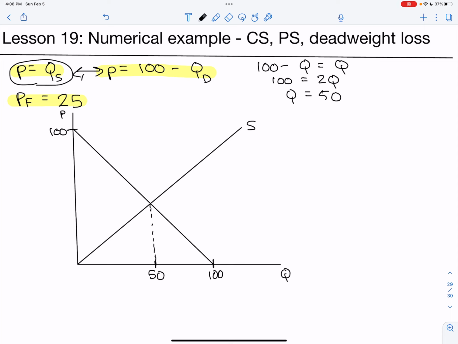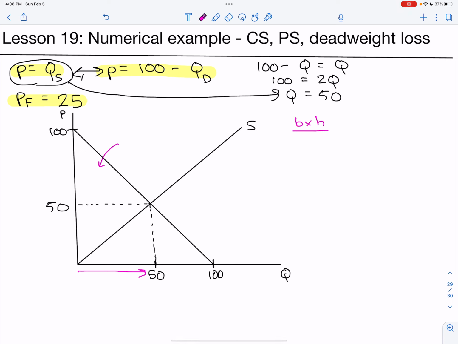And what would our equilibrium price be? From this equation here, P is equal to QS, we can infer that our equilibrium price would also be 50. We now have all the information we need to calculate consumer surplus and producer surplus. So how would we calculate the area of this top triangle? The base is equal to this length right here, which is 50. The area of the triangle is base times height divided by 2.